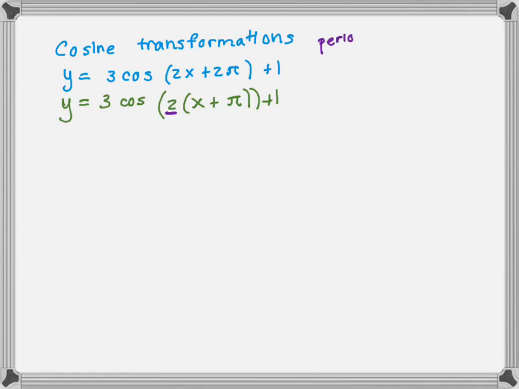So we know that the period is going to be 2 pi over k, which is 2 pi over 2, which is just pi. And then we know that it's going to increment by the period over 4. So it's going to increment by pi over 4. And we know that the amplitude is going to be 3 with no reflection over any axis, which is nice.